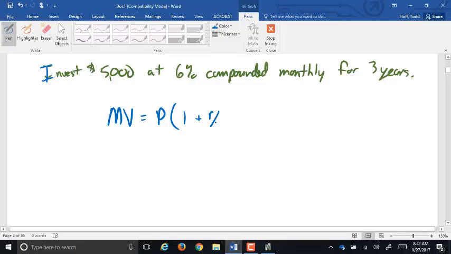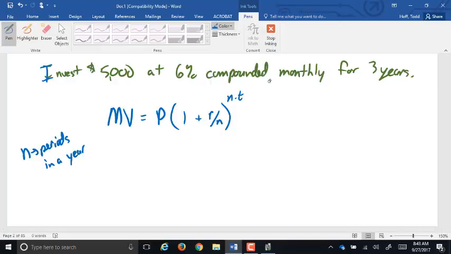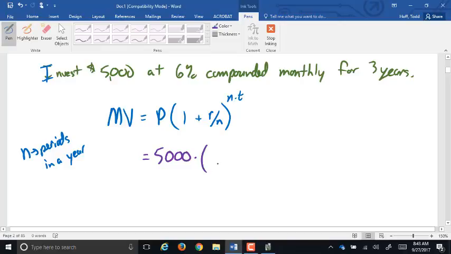So we're going to do this: r divided by n, where n is the number of periods in a year, to the power of n times t, where t, of course, is the number of years, just like in the simple interest. So in this formula, of course, P, the principal, is 5,000. 1 plus. What's our rate?